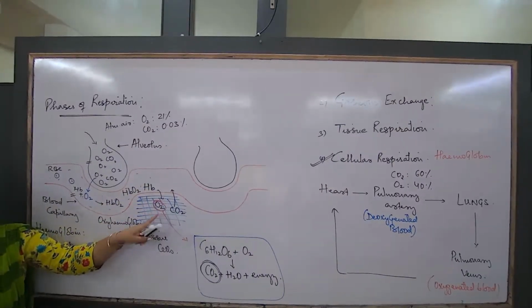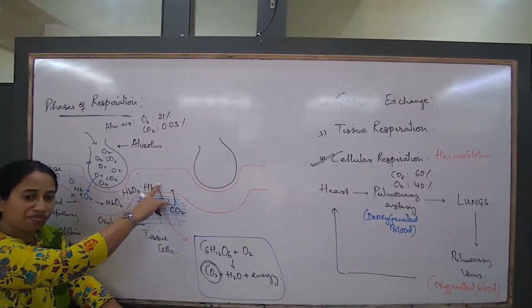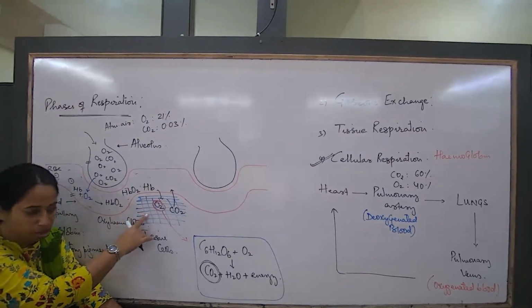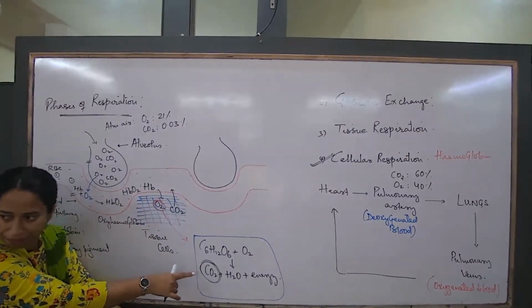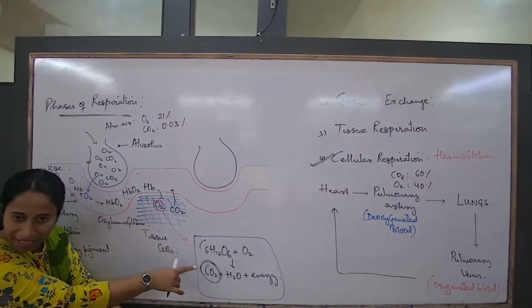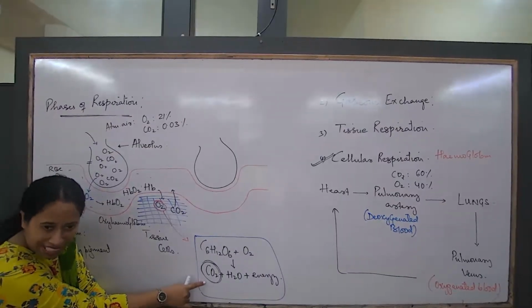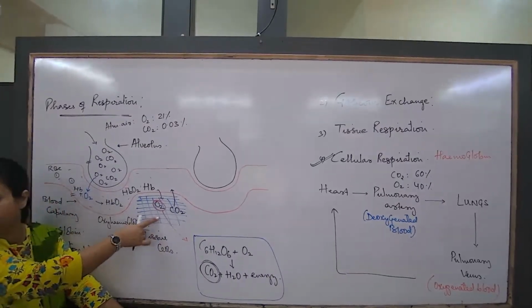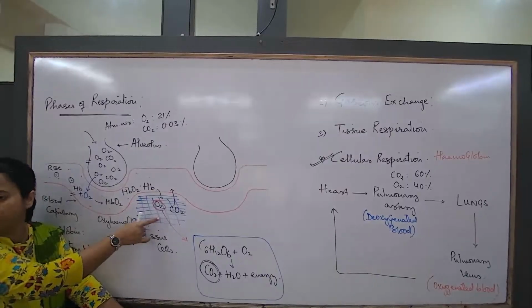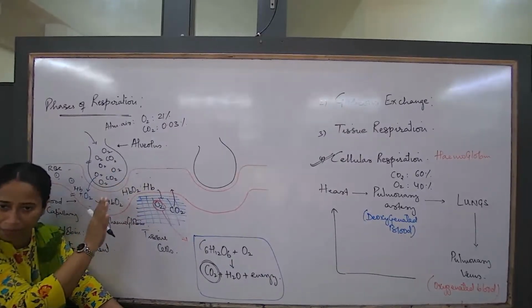So oxygen is moving from the blood to the tissues and getting utilized. After getting utilized, the carbon dioxide released is now moving from tissues back to the blood.